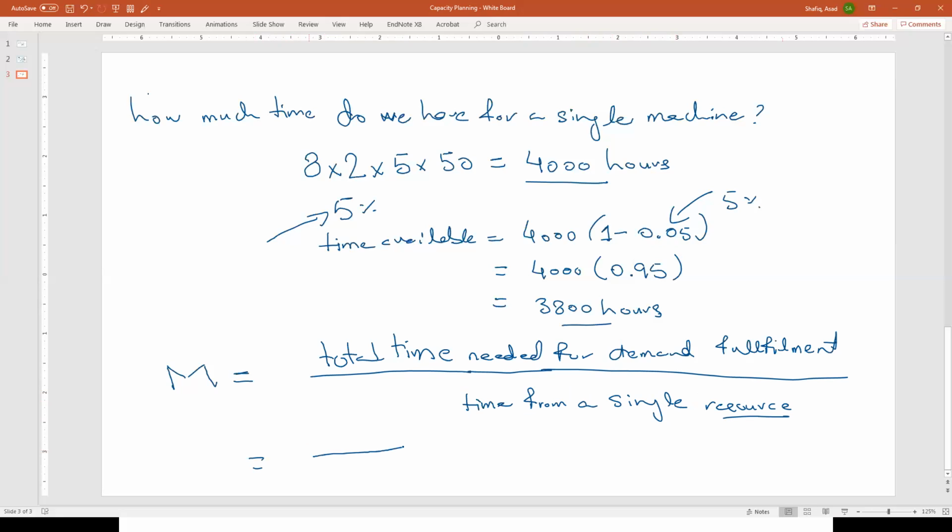So in other words, this number will be 3,800, and this number will be the sum of the time for product A plus product B plus product C.